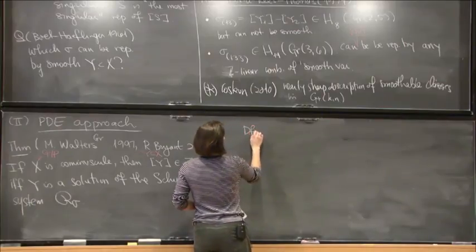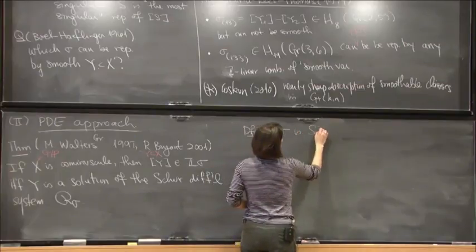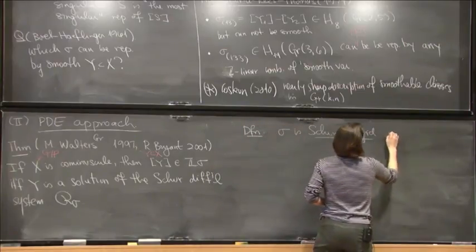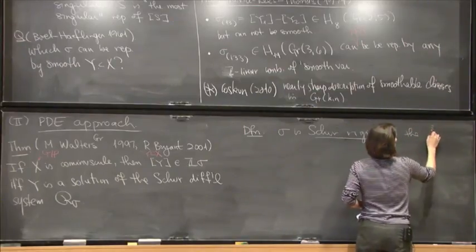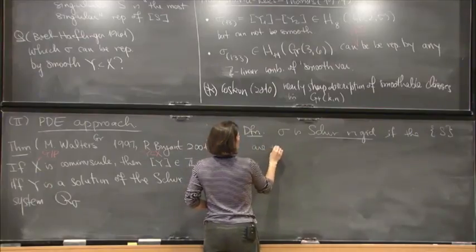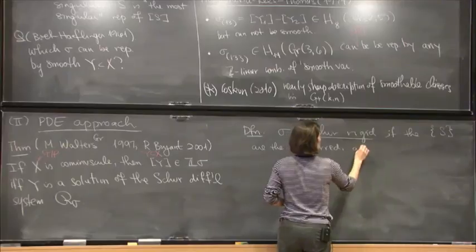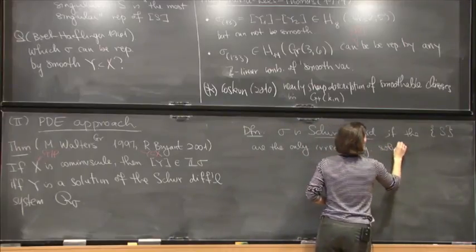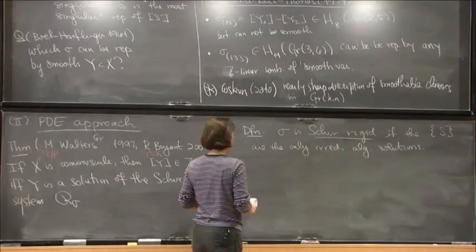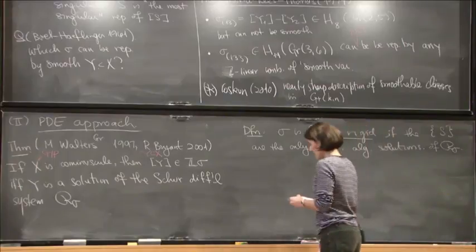So let me just introduce another definition first, which is that I will say that the class is Schur rigid if the Schubert varieties themselves representing that class are the only irreducible algebraic solutions of the Schur system.